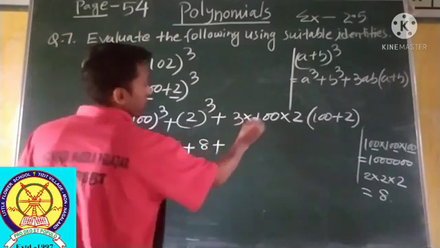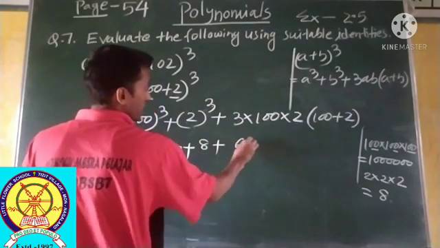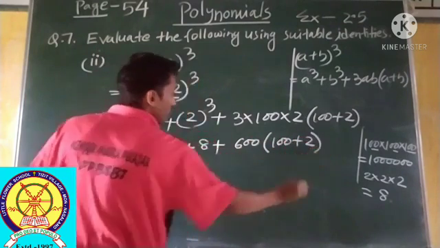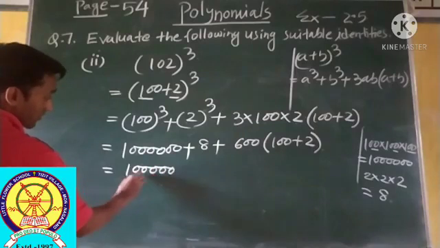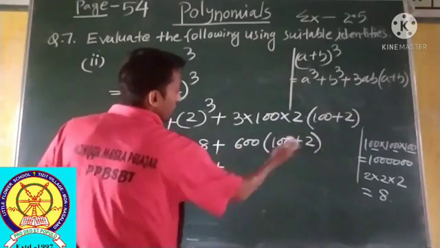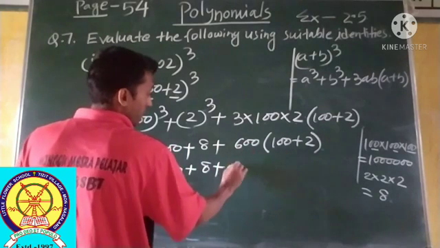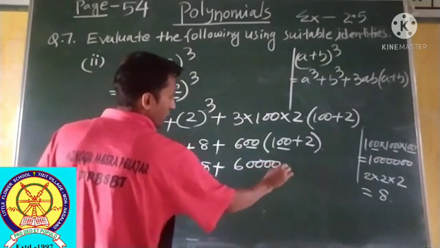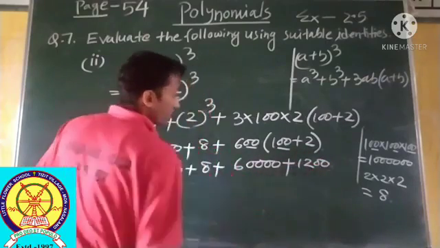Plus 3 into 2 is 6, 6 into 100 is 600, into 102. In the next step, you multiply this part: 600 into 100, 6 into 1 is 6, with 4 zeros. Plus 600 into 2 is 1200.